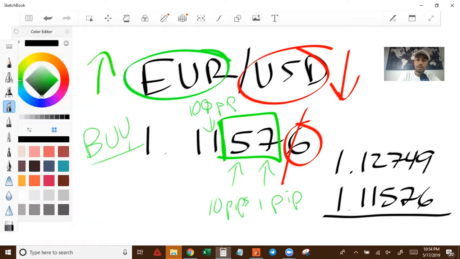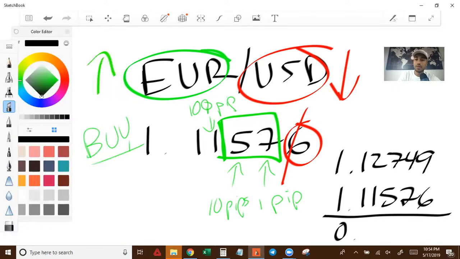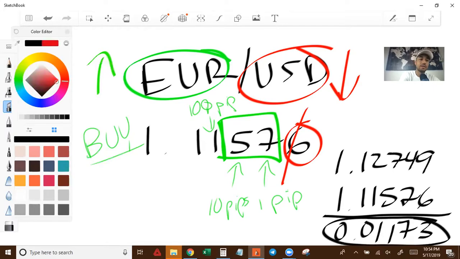All right, so you see how it says 0.1173. Okay, so now if we were to take that number right there, remember the last number is the pip bet. We're not really going to pay attention to that too much, right? And then this number right here is the single digit pip, right? 10-digit pip and 100-digit pip.